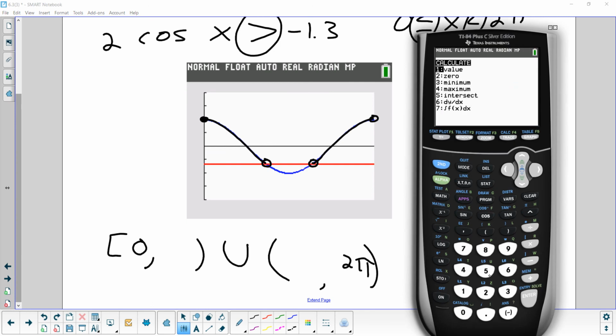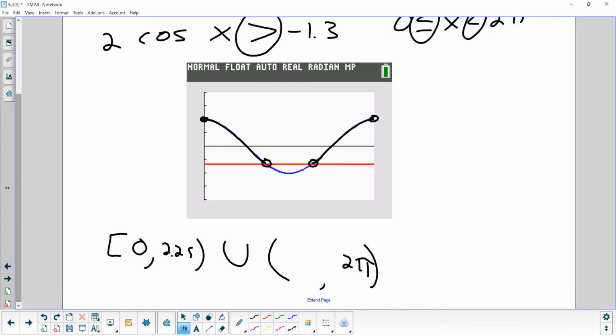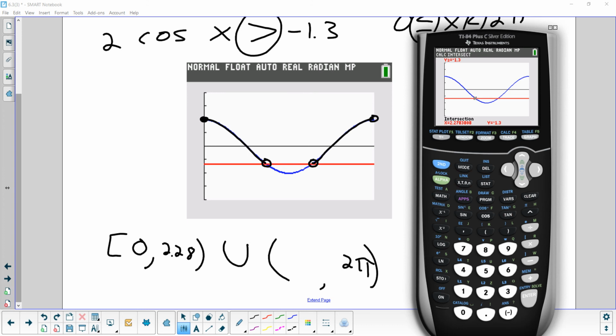So second calc, intersect. Again, it looks symmetrical, so there's probably symmetry around pi. This one's at 2.27, and the other one is probably the same distance from pi on the other side. But we'll just find it. So that's going to round to 2.28.